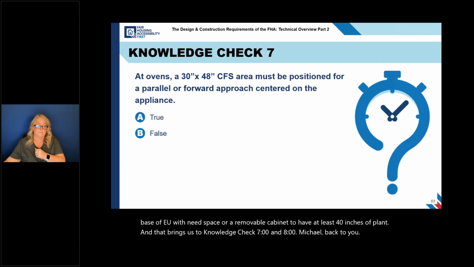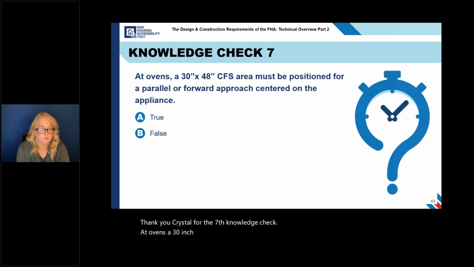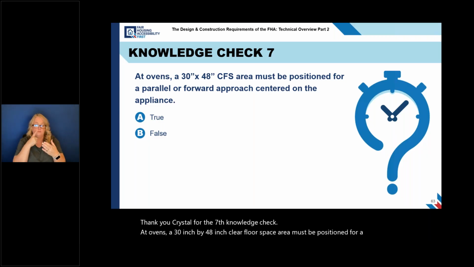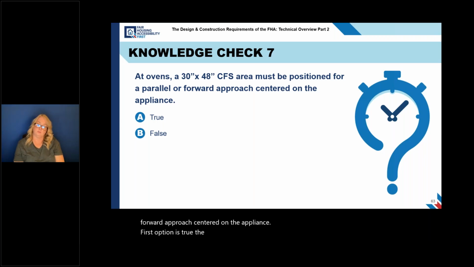Thanks, Crystal. For the 7th knowledge check: at ovens, a 30-inch by 48-inch clear floor space area must be positioned for a parallel or forward approach centered on the appliance. First option is true, the second option is false.